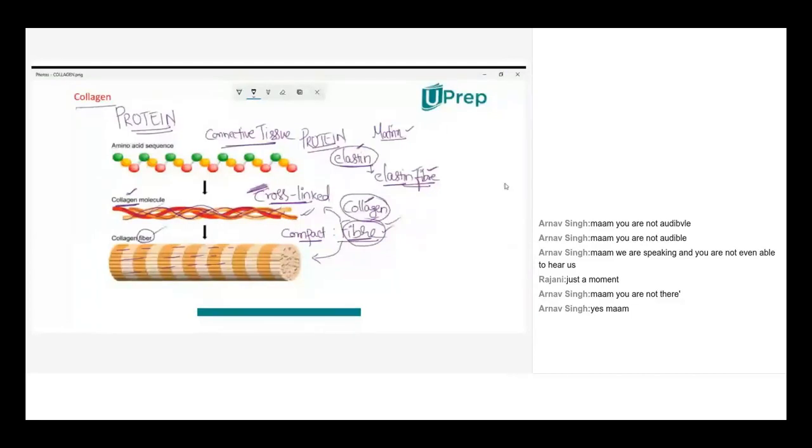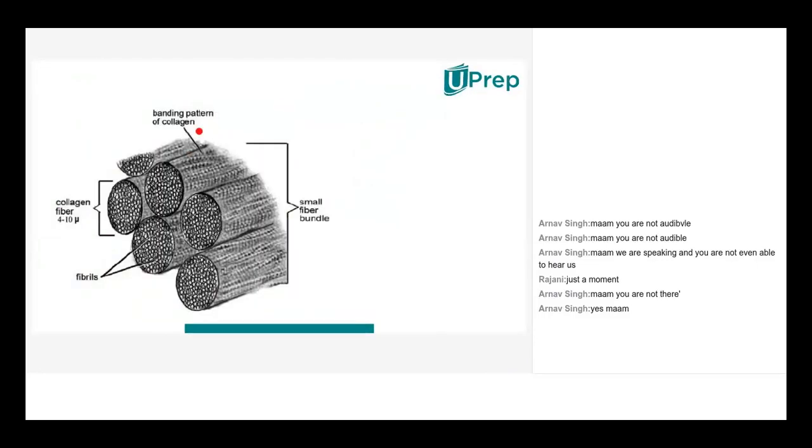Okay, now if you take the collagen fiber individually, here this is the banding pattern of collagen fibers. Bundles of fibers are arranged here, but they are in micrometers. See, they are very thin.